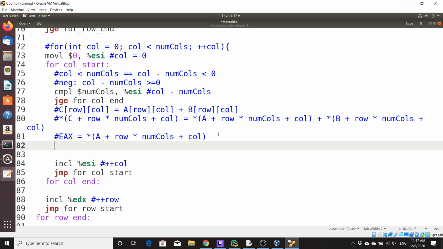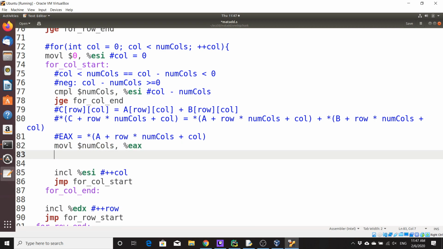We just did more or less this exact same problem. So we can start by multiplying the row and num columns. So movl $num_cols to where? EAX. Okay, then wait. Why do we want to move num rows to EDX?